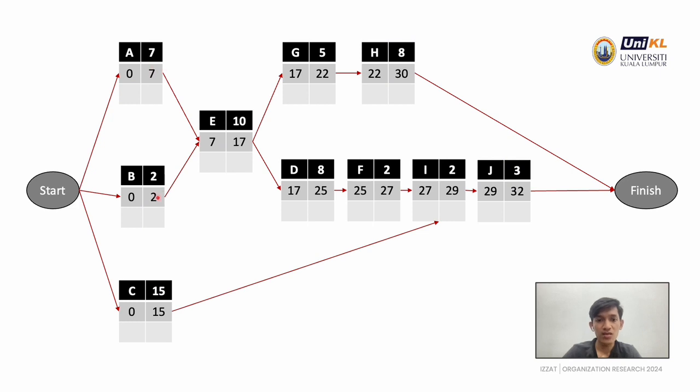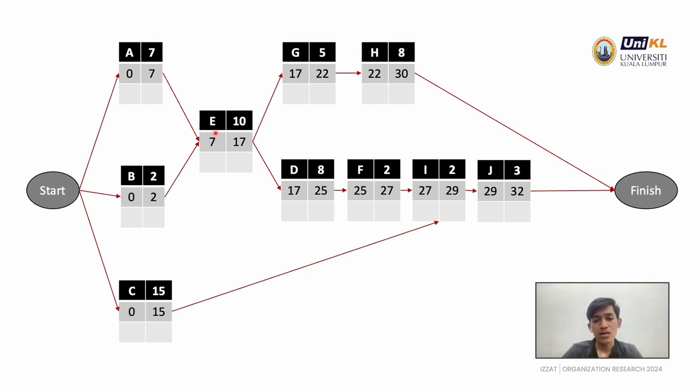The connected activities are A and B. In this case, the connected activity that has the maximum earliest finish is A, which is 7. So for activity E, the earliest start is 7.